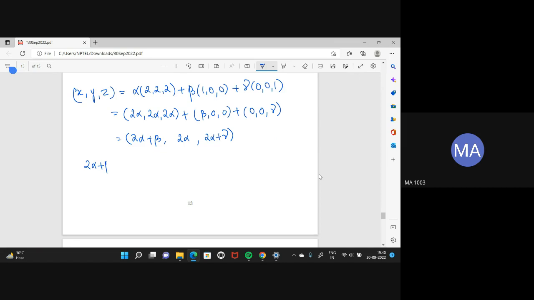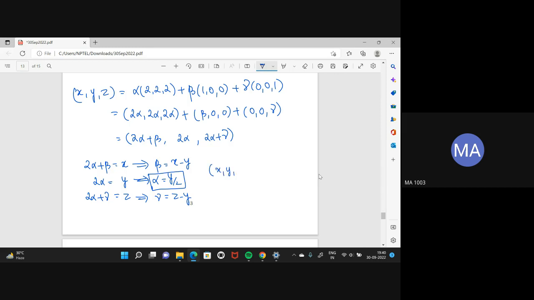So 2 alpha plus beta is x, 2 alpha is y, 2 alpha plus gamma is z. From here we get alpha equals y by 2. So when I put that here, beta is x minus y. When I put that here, gamma is z minus y.